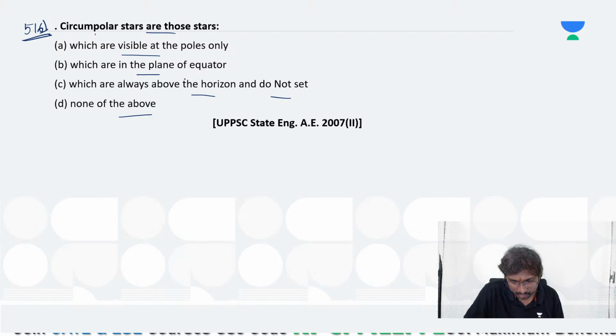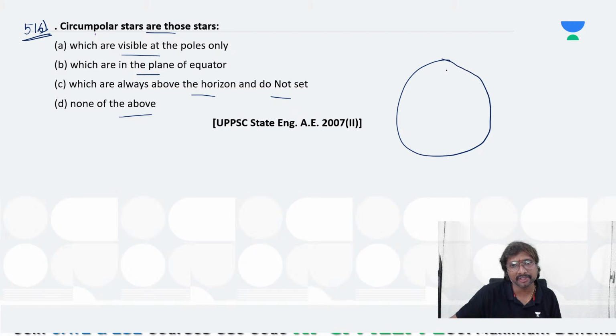Circumpolar stars always remain above the horizon and therefore do not set. If you observe how these circumpolar stars move, let us say that is your celestial north, this is your celestial south, and this is your horizon.